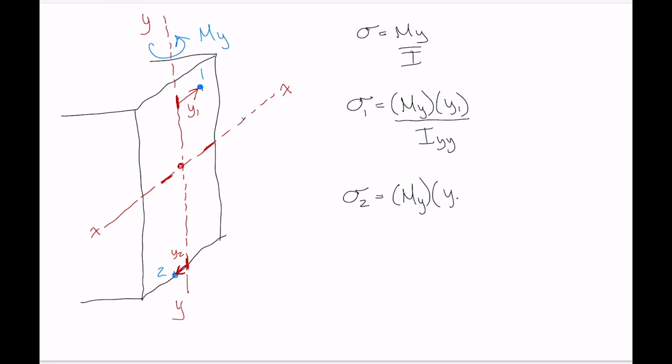So we've got y2 and then Iyy. Okay, so you should hopefully have a good idea now of how those different variables in that equation relate to the point where you want the stress and also the internal moment and the cross-sectional properties that you're dealing with.